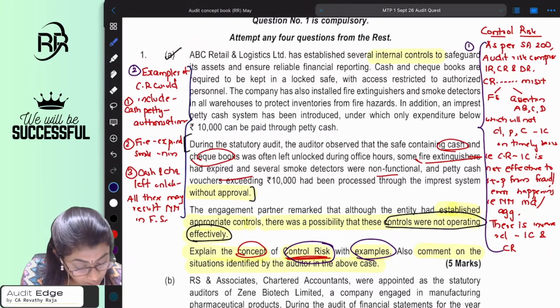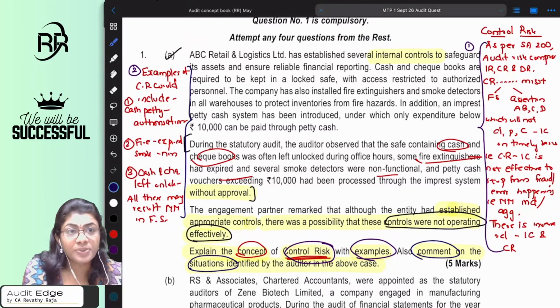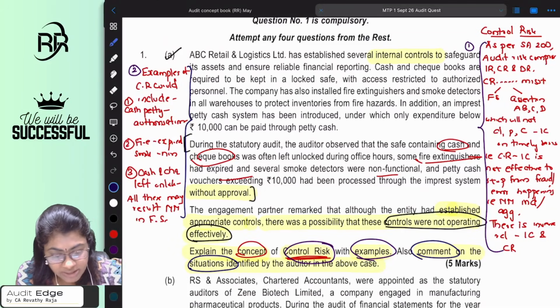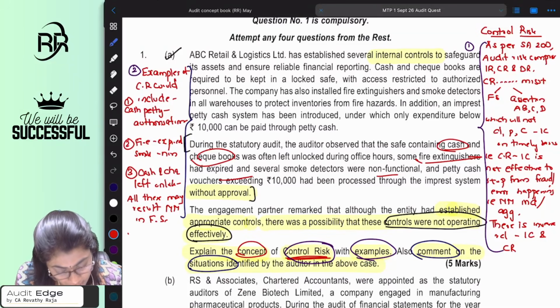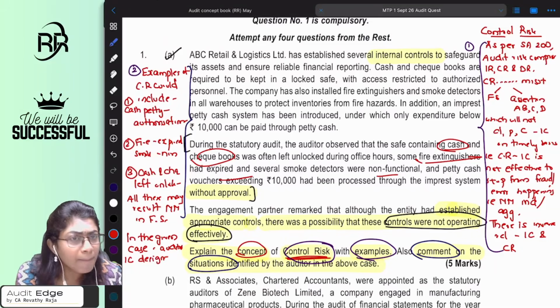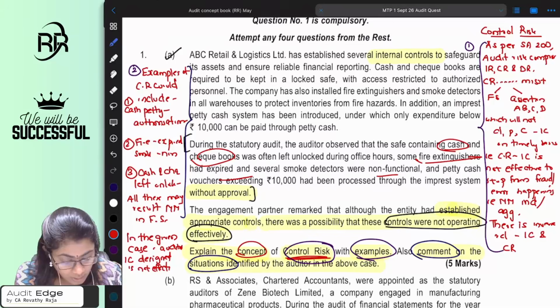Now you have to comment with respect to the situation identified, which you have already commented on in the examples, but still, in the given case, third para. The auditor observed that the internal control designed by the entity is not effective, hence control risk is high.